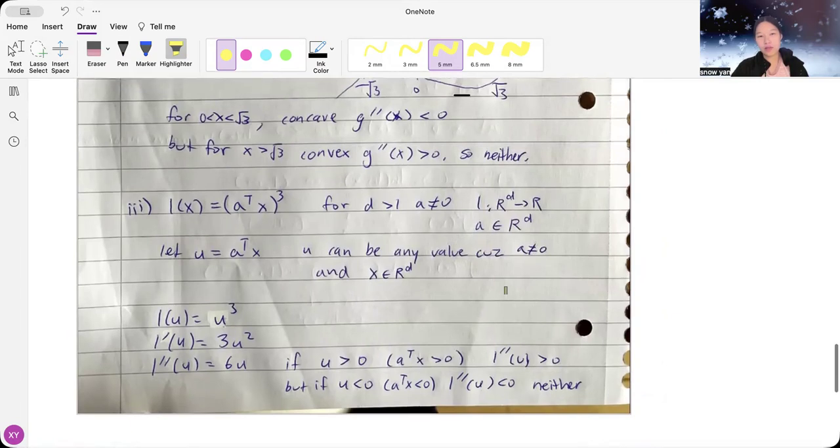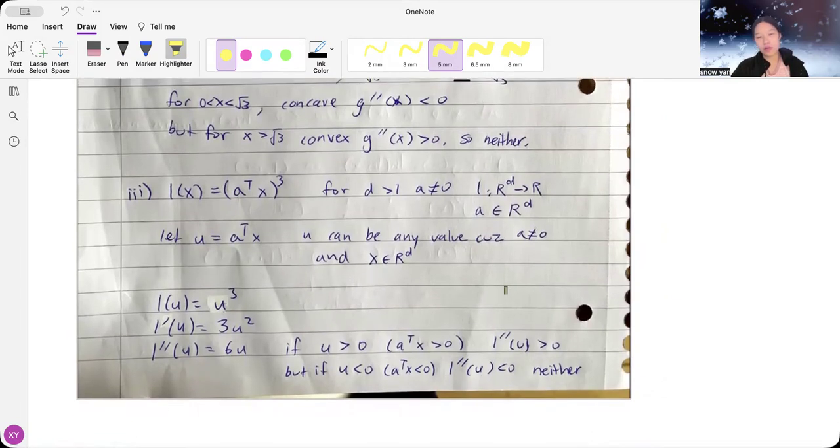Okay, so for this, what you can do is sort of the following. We write down what we have over here, and we're just going to treat it as if we first define a variable for ourselves, u equals a transpose x, right? u can be any value because we know that a is not equal to 0 in the condition. I'm going to first go over the condition d is greater than 1, a is not 0, and that x can be anything.